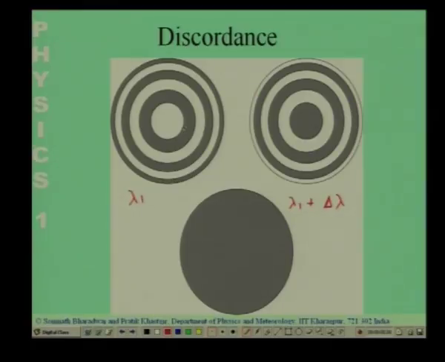If I superpose these two, the bright spot here is going to fall on the dark spot here, the dark ring over here is going to fall on the bright ring over here, and the resultant pattern, which is the superposition of these two, is going to be more or less uniformly illuminated. So, the fringe pattern as a consequence is not going to be very bright, is not going to be very distinguishable, and the fringes have essentially washed out. So, in discordance the fringe pattern gets washed out.